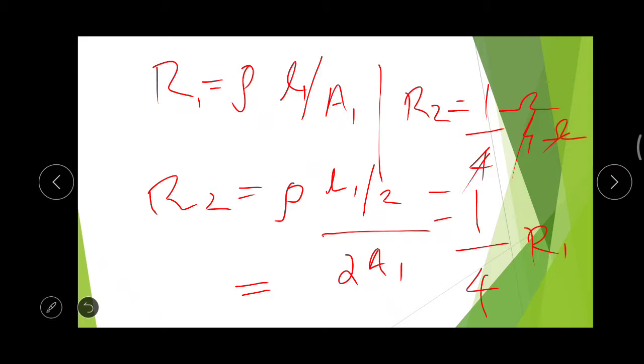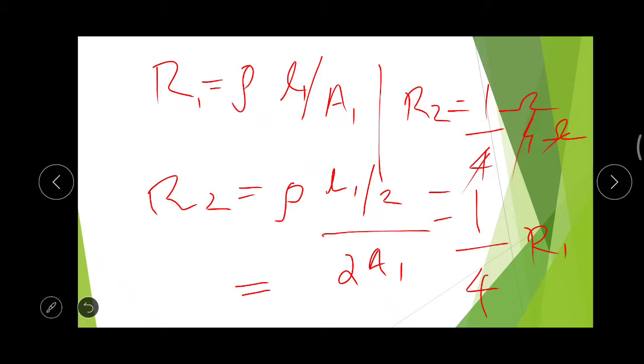Then we use the relation R is equal to rho into L by A. In the first case R1 is equal to rho into L1 by A1, but in the second case R2 is equal to rho into L2 by A2, where L2 is equal to L1 by 2 and A2 is equal to 2A1. So we have changed L2 into the term of L1 and A2 into the term of A1.